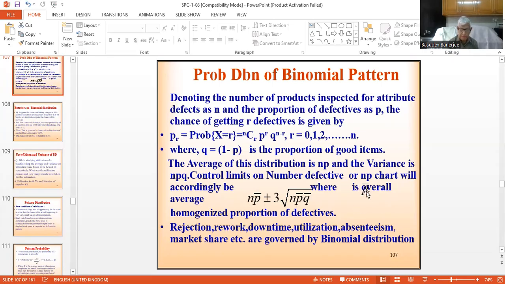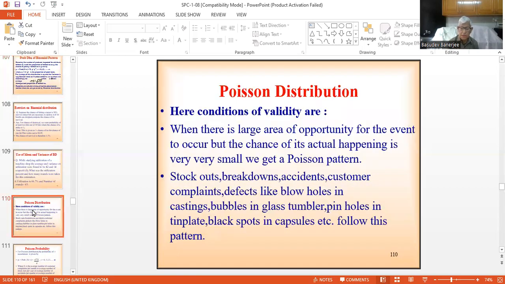Okay, this is the binomial probability distribution. Next we'll go into Poisson distribution. Here the condition of validity is a large area of opportunity for the event to occur, but the chance of its actual happening is very, very small.